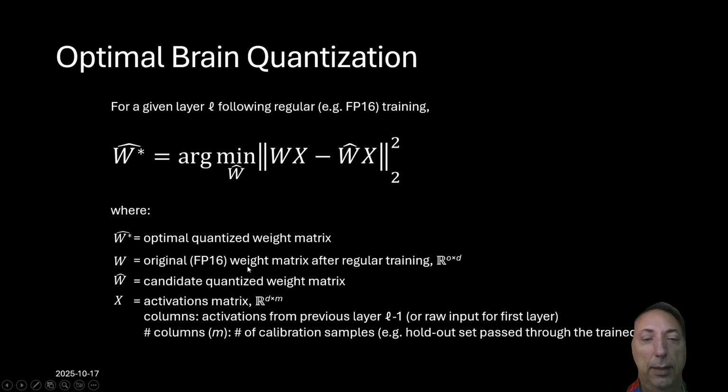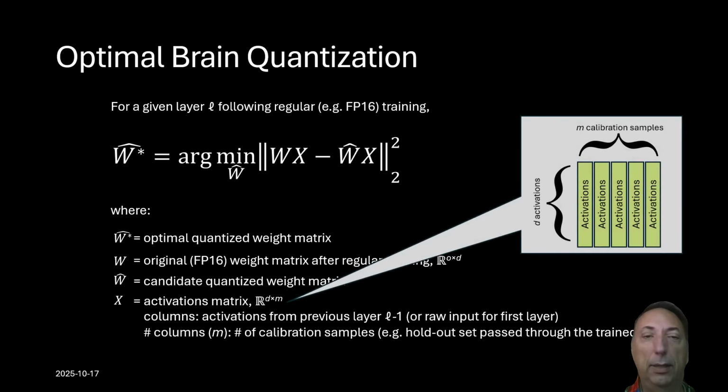And this x here is actually not just a single vector. It's what's called calibration samples, which could just be the testing set that you held out.